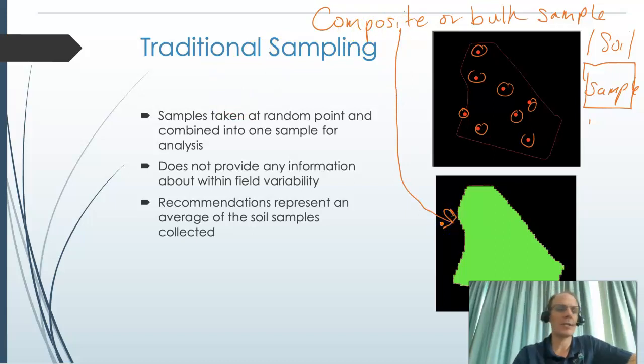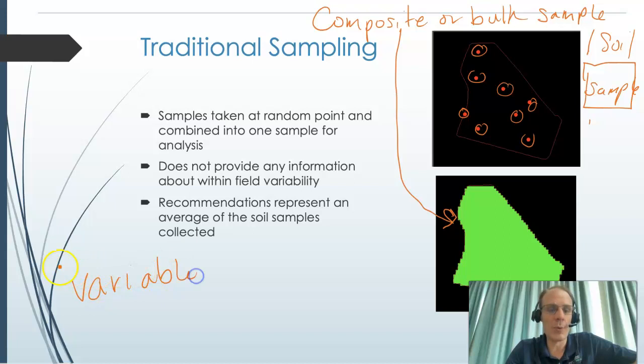From our first video lecture in this session 15 lecture series, we discussed how fields are not uniform but have variability across the field. We talked about how soil properties are variable across the field.